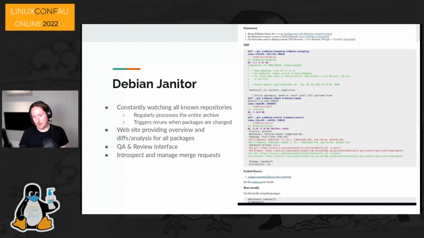So the Debian Janitor is basically a website as well as a scheduling interface that constantly watches the Debian archive, processes the entire archive regularly, as well as packages that have been changed recently.